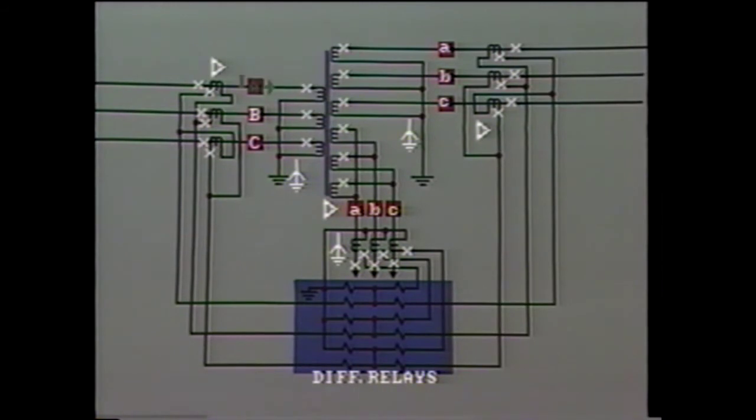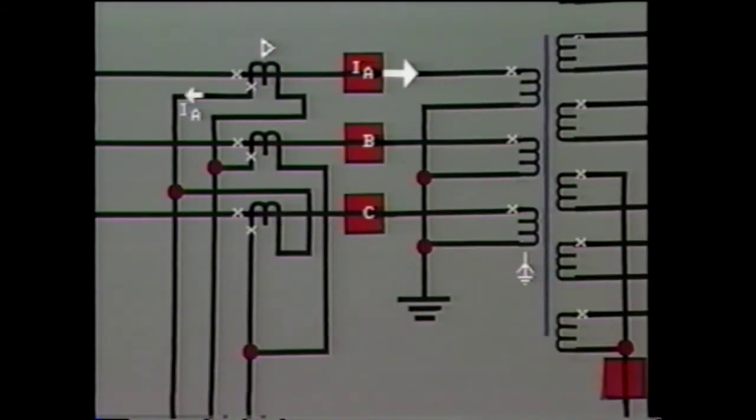Line current IA passes through the A-phase transformer primary and into the neutral. This gives us current IA this way in the CT secondary. Similarly, IB and IC pass through their respective transformer primaries and into the neutral, giving IB and IC in the CT secondaries.